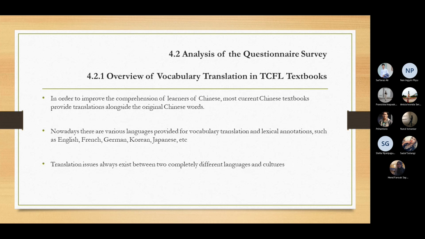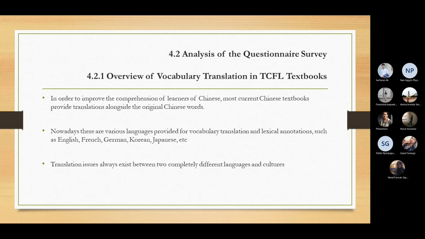So there the writer wanted to convey different types of problems by giving different examples from vocabulary translation in TCFL textbooks. And he also presents this overall result with the help of the analysis of the questionnaire survey.